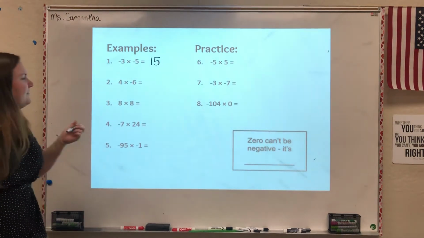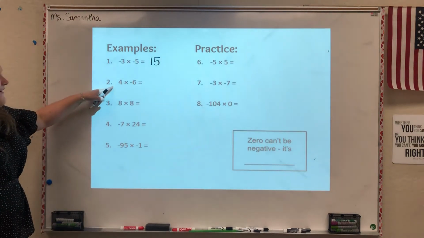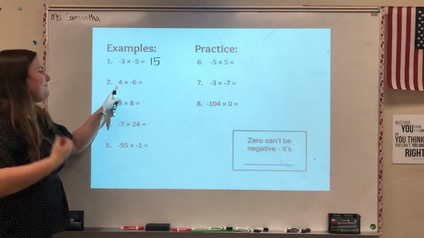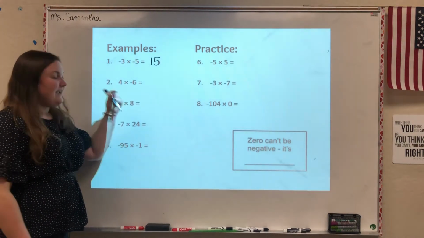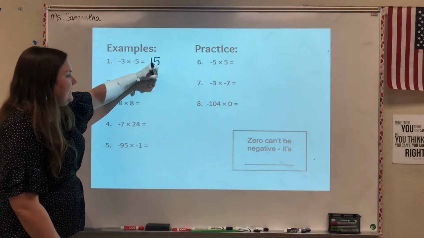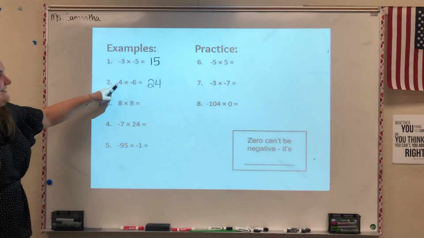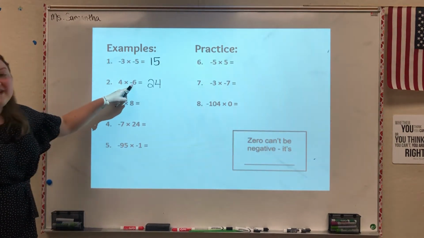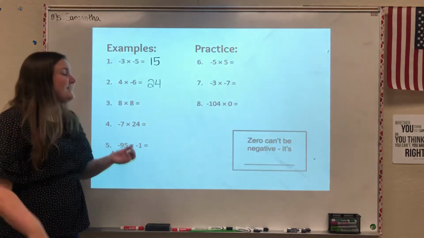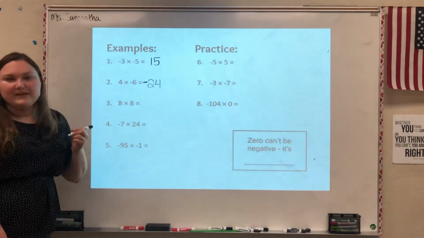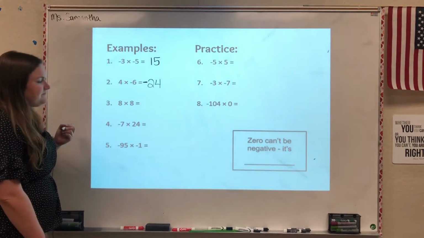So not too bad. The next one, we've got 4 times -6. Well, looking at that, I would go ahead and I would say, well, 4 times 6. I know 4 times 6 is 24. And then I see I've got a +4 and a -6. Those are different signs. So different signs means my answer is negative. That would give me -24.